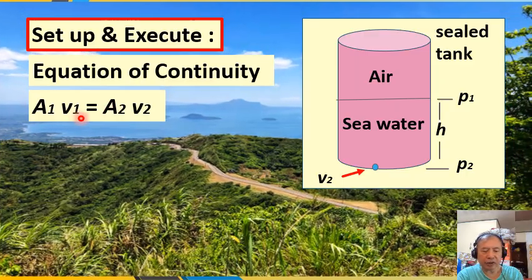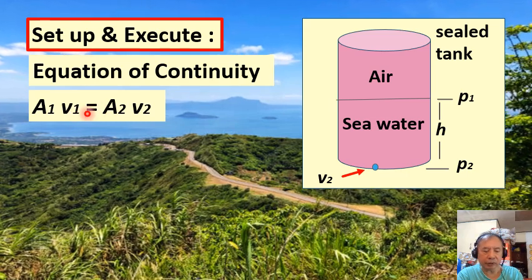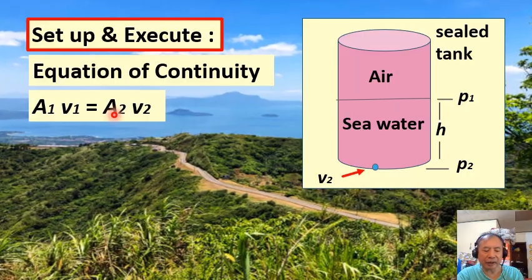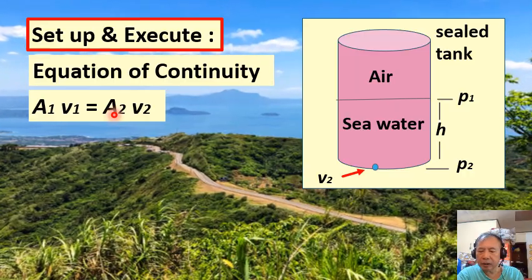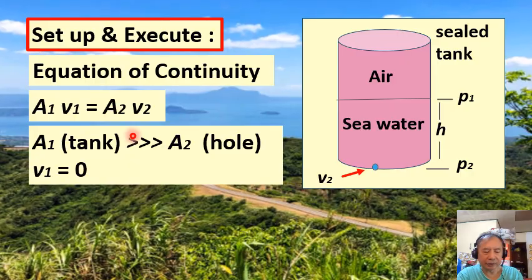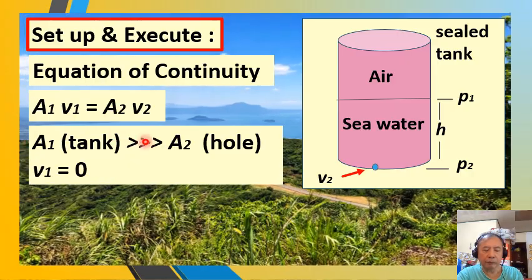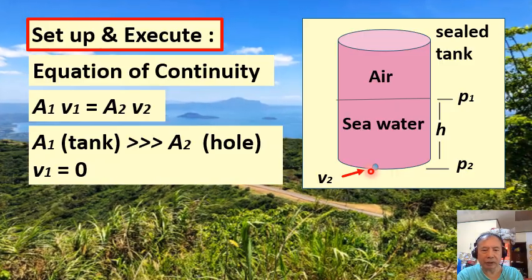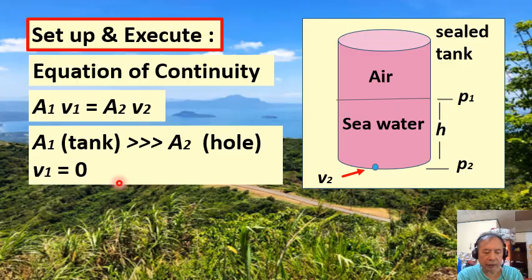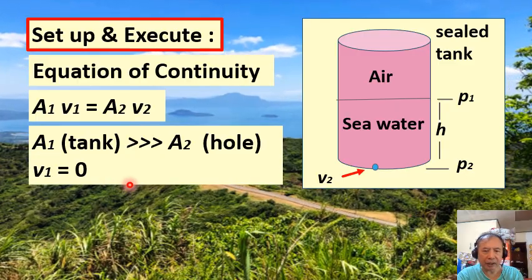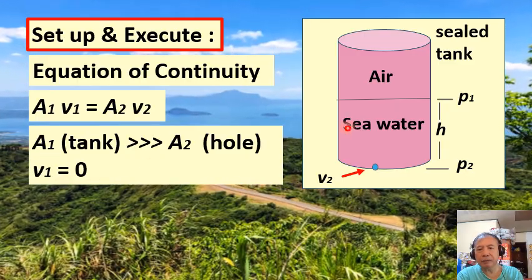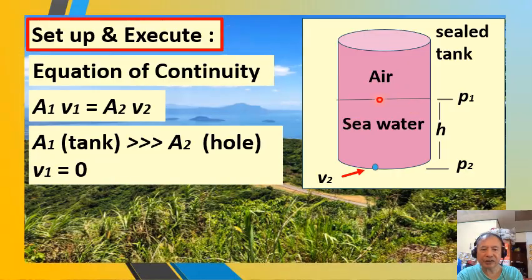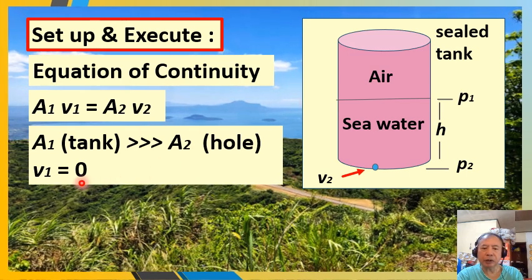And based on this equation of continuity, we can approximate that since the cross-sectional area of the tank is much greater than that of the hole, the hole being at the bottom of the tank, it is therefore safe to say that the speed of the seawater at the surface is almost equal to 0.